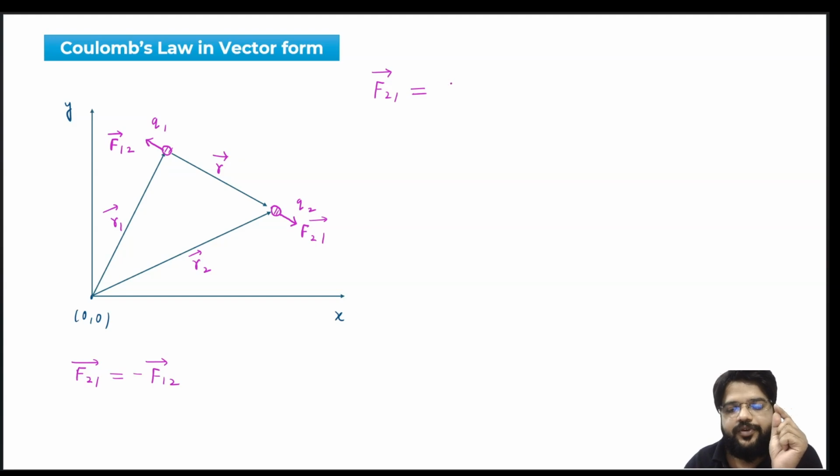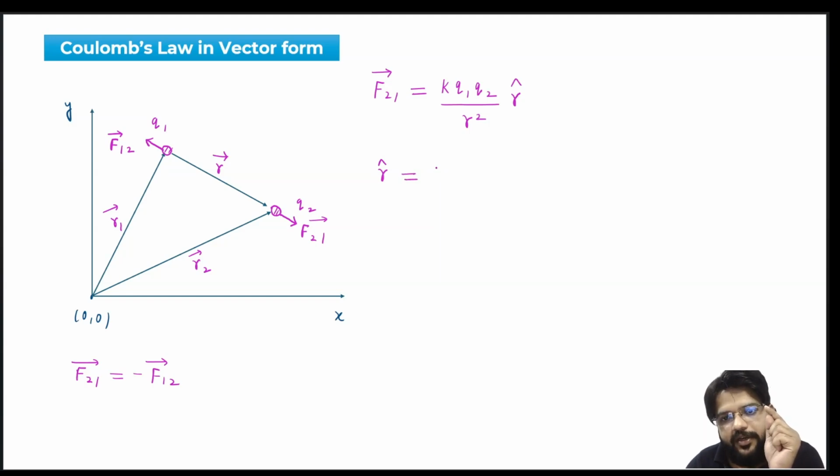So the force between 2 and 1 can be written as K Q1 Q2 by R square, and the direction is R cap. So R cap is the unit vector in the direction of F21 force.